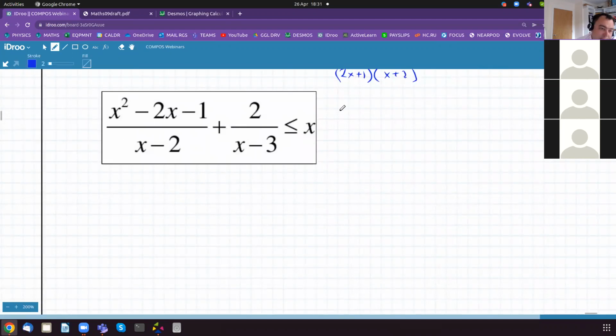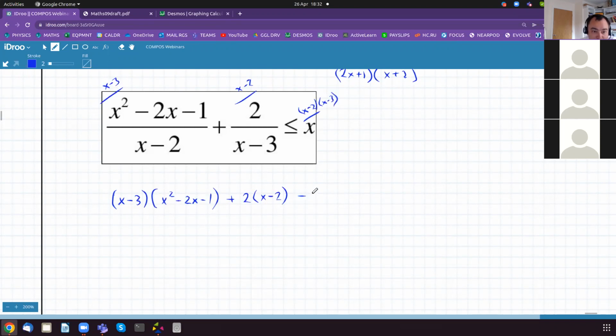So take everything to the left, 0 on the right, and we have a common denominator, of course. If this is not automatic to you, make it automatic, because this is very important. Dealing with algebraic fractions, plus 2x minus 2, because I multiply this by x minus 3, I multiply this by x minus 2, and I multiply this by x minus 2, x minus 3.